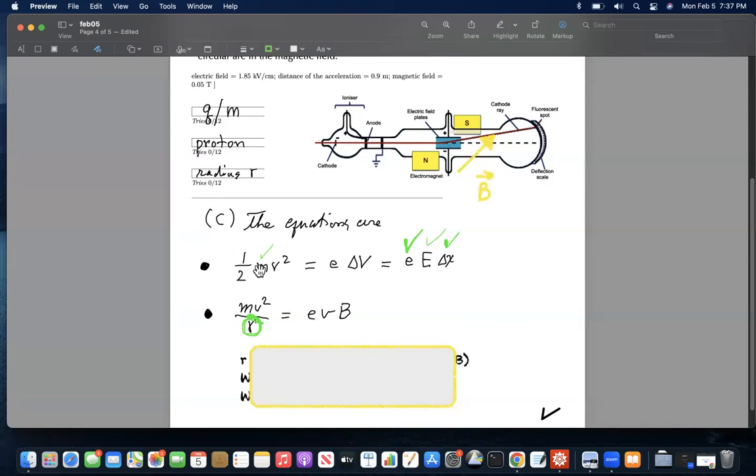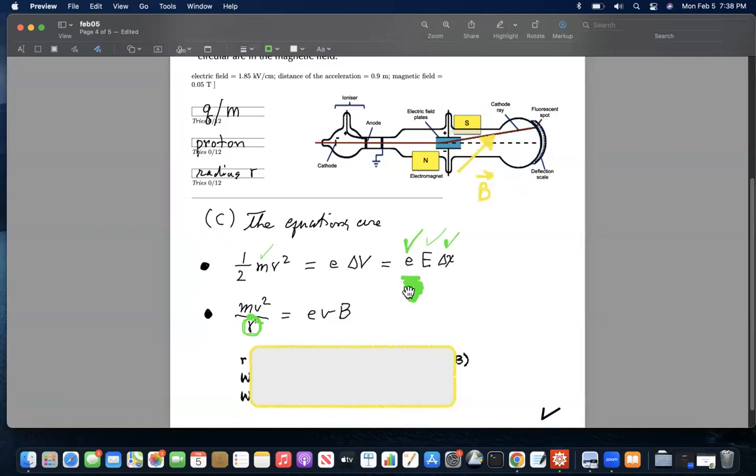And Thomson made the assumption that these are all the same particle. You know, they're all electrons. It was an American physicist, actually, who first measured E. And that was Millikan in the Millikan oil drop experiment.